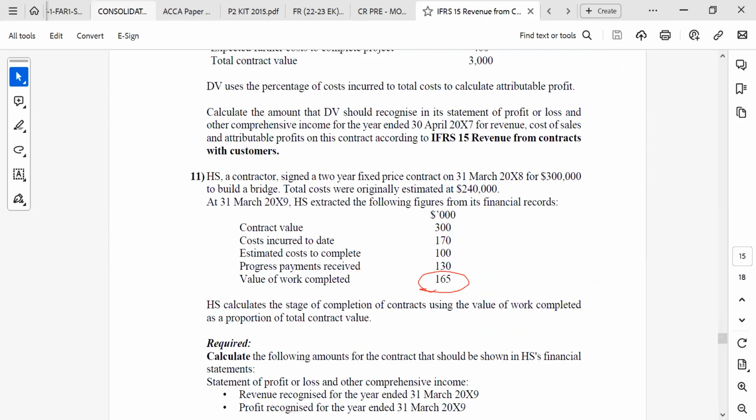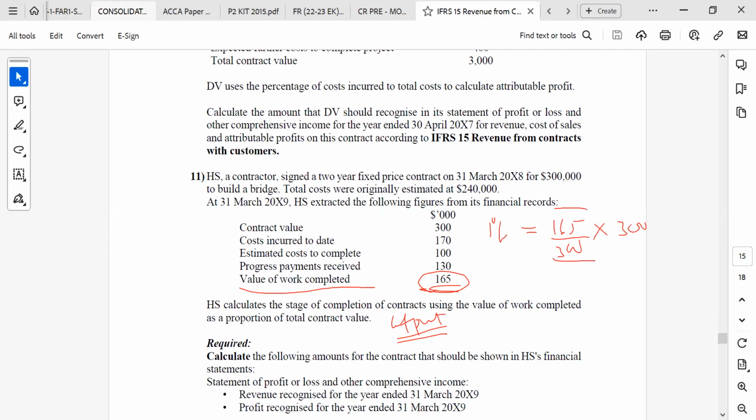Yes. So the percentage of completion will be calculated as 165 over the total revenue. This is output method. So if you use the value of work completed, we use the value of the work completed over the contract times the contract value.